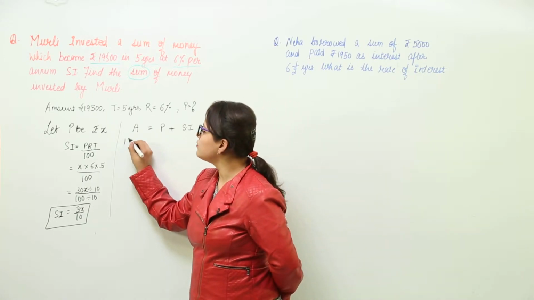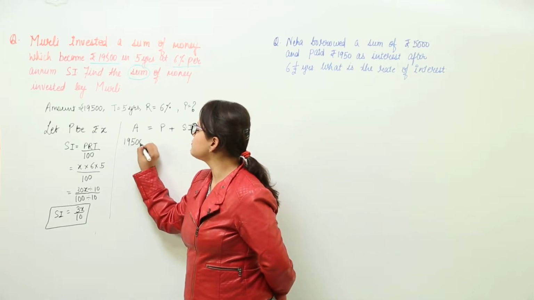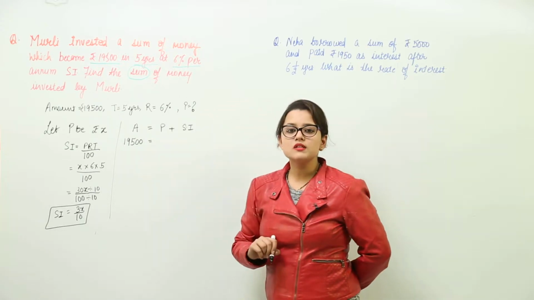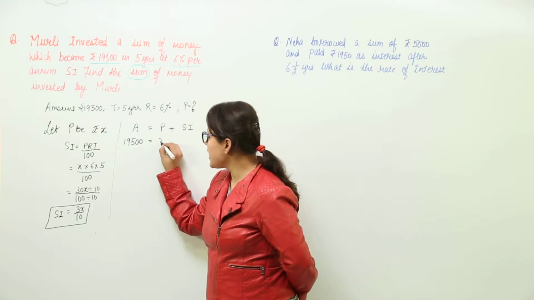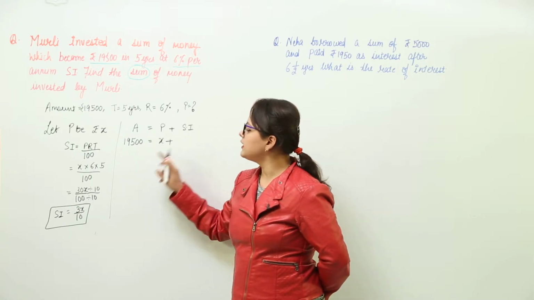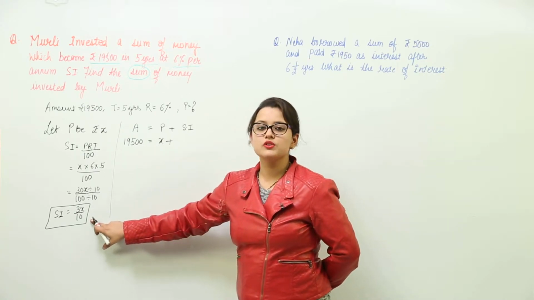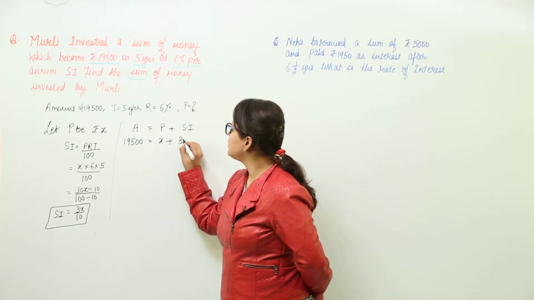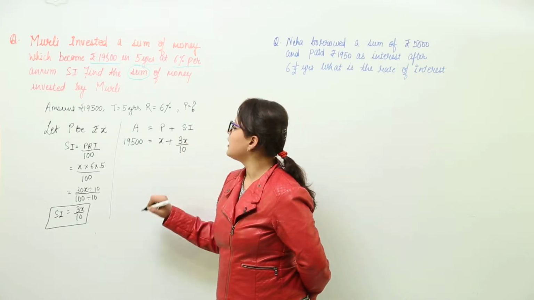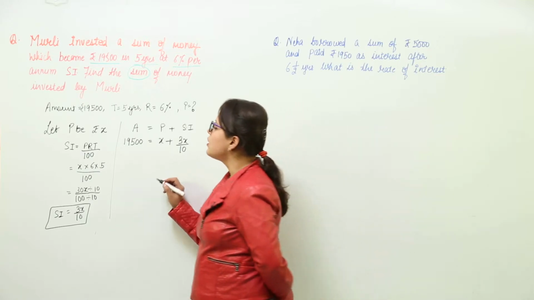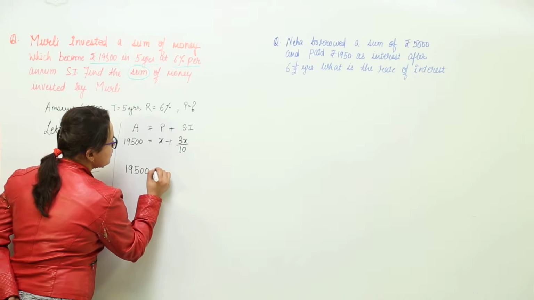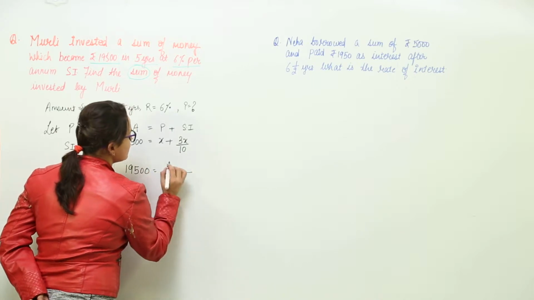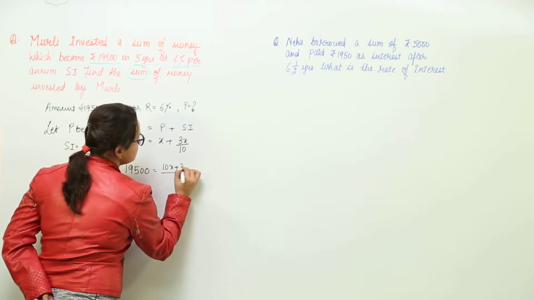So what we can do? We will place the value for amount, that is 19,500. We will place the value of P that we had assumed, which was X, plus the calculated value of simple interest, which was 3x over 10. We can solve this equation further: 19,500 equals, taking the LCM, 10x plus 3x.